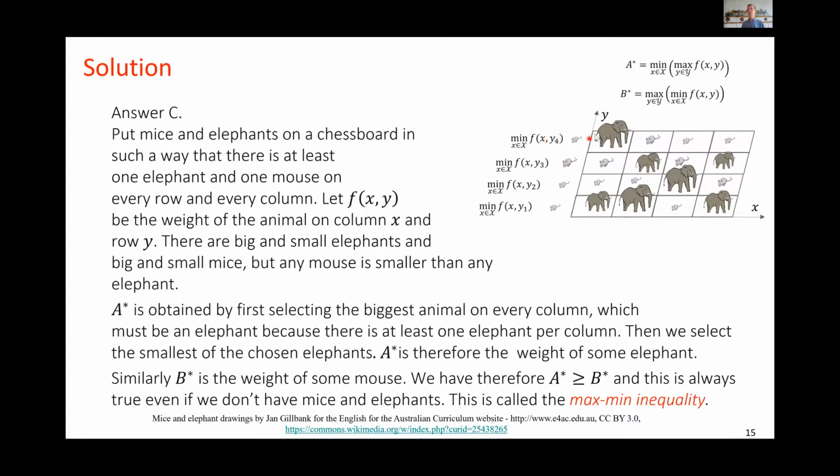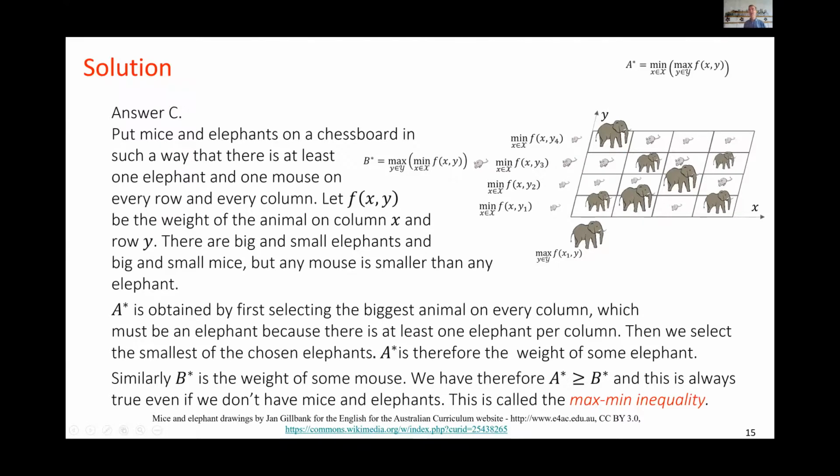So we take the minimum first, we always obtain a mouse. And then we take the max. Then we obtain the max weight of any mouse. So the biggest mouse, that happened to be the smallest animal on its row, but is now the biggest among all this short list of mice here. So our B star, the max of the min, is the weight of a mouse.